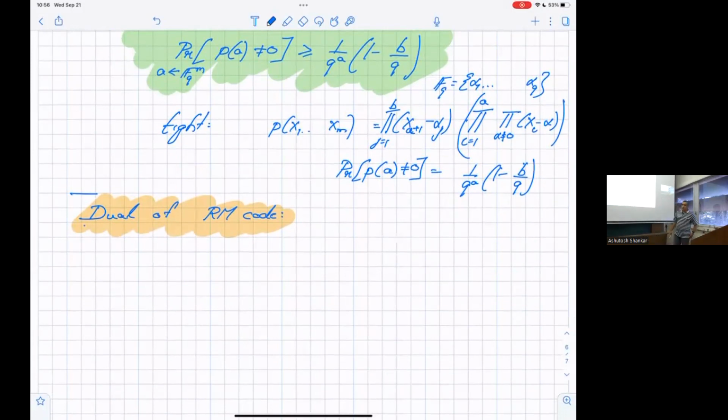The codeword evaluation method is telling us how many evaluations you are going to do. Notice we already observed this fact: the sum of alpha to the power i, over alpha in F_q, as long as 0 is less than or equal to i, less than or equal to q minus 1.